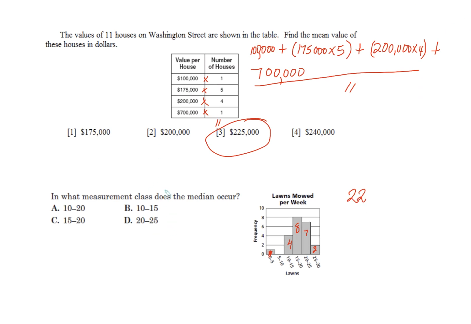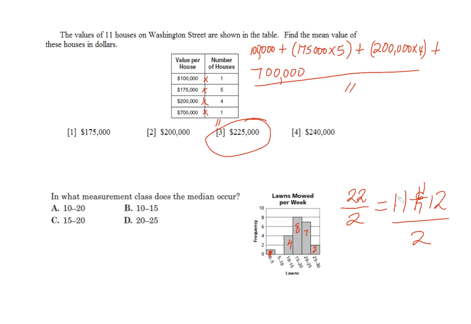And remember from my mean, median, mode, and range video, I said when you have the total number of data points, when you want to find the median, I would divide this by 2, which would give me 11. Therefore, the 11th and the 12th would be in the median. So because this is even, you're like, oh, I would add the 11th data point and the 12th data point and divide it by 2.